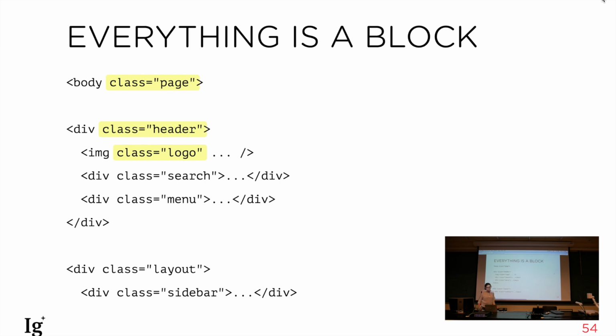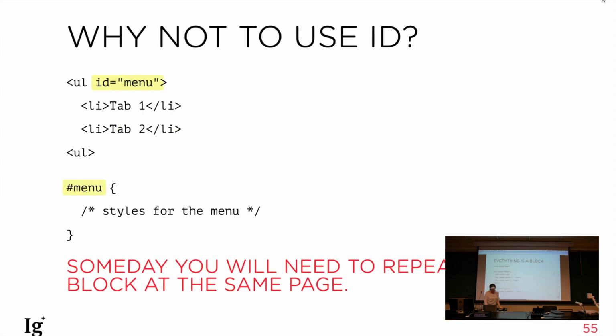In HTML, each block we mark with a specific CSS class, and the name of the CSS class is some meaningful word, which is the name of the block. So here there is a big block called page, and inside there is a smaller block but still big enough called header, and inside there is another block called logo. No matter what the tag is, if it has a class with some word, then it is a block.